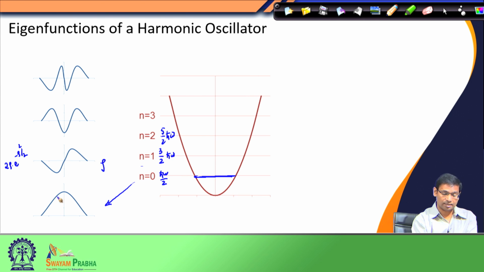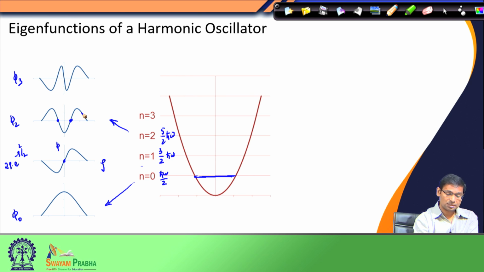In the x axis I am plotting rho, in the y axis I am plotting phi. You can see at rho equals 0 I am developing a node, and I have only one node, and in case of phi 2. This is phi 2, this is phi 3, this is phi 1, and this is phi 0. In case of phi 2 I have two different nodes.